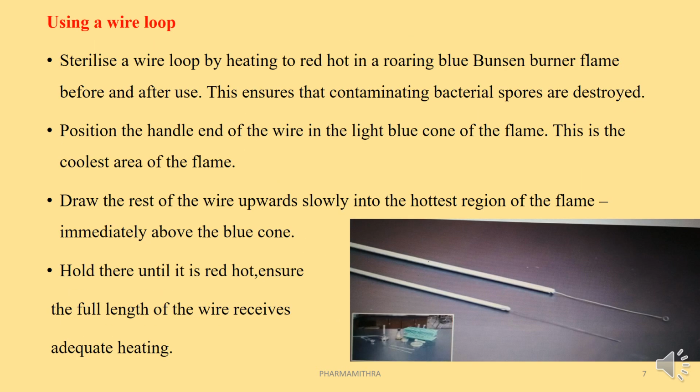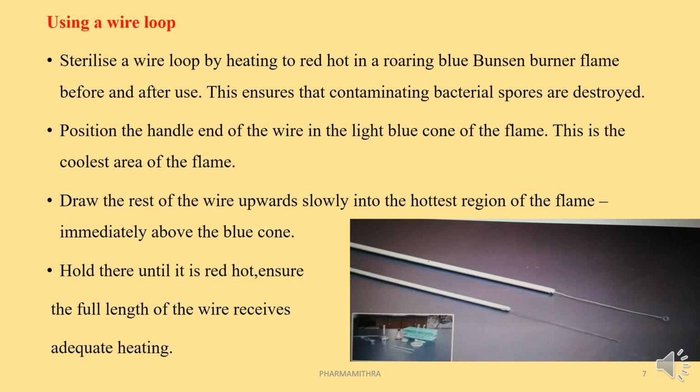Next, we are dealing with how to use a wire loop. This is the wire loop, also called the inoculating loop, we use in the microbiology lab, and this is the inoculation needle we use in our lab.